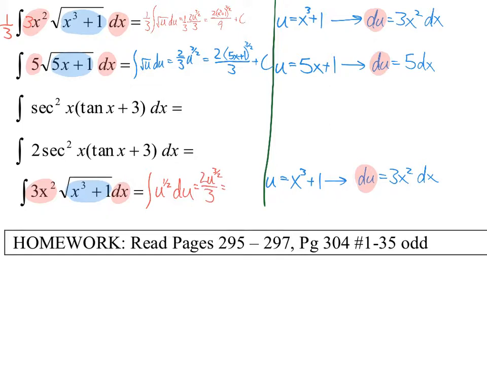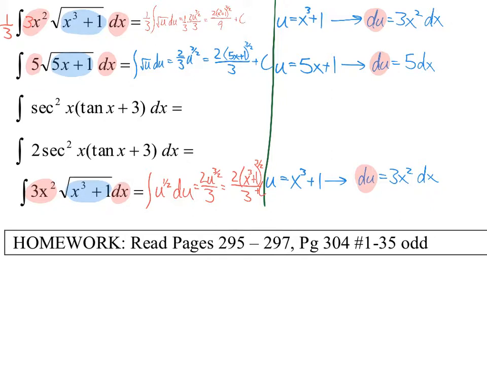And then we just plug it back in. So it'd be 2 times x cubed plus 1 to the 3/2 over 3 plus c. Okay? Plus c. I keep forgetting about plus c. So yeah, don't forget your plus c.